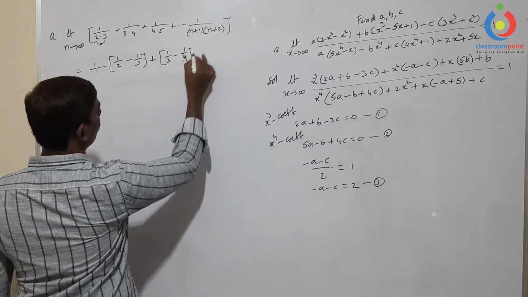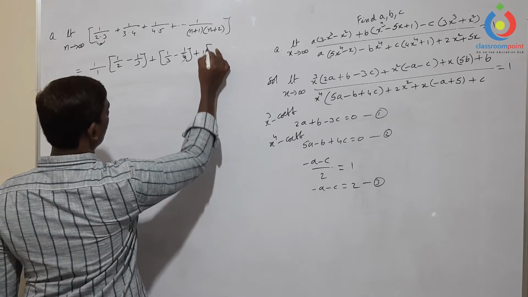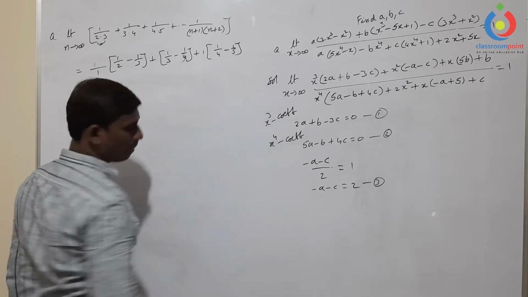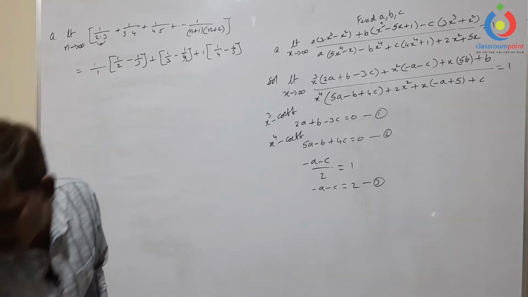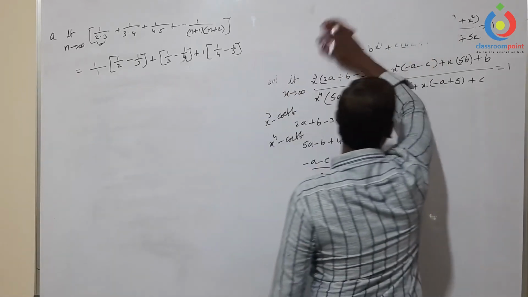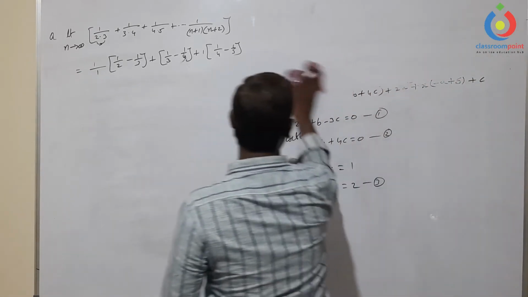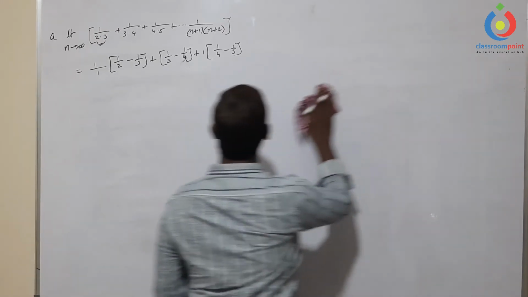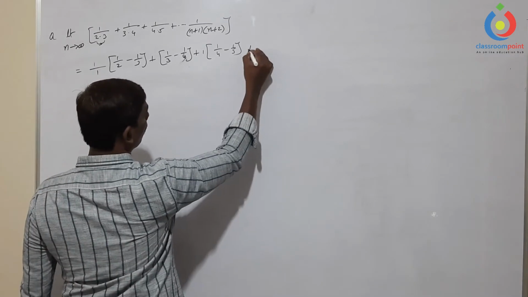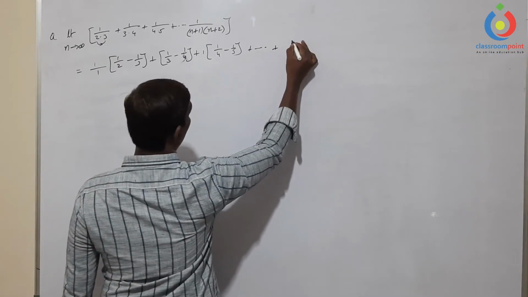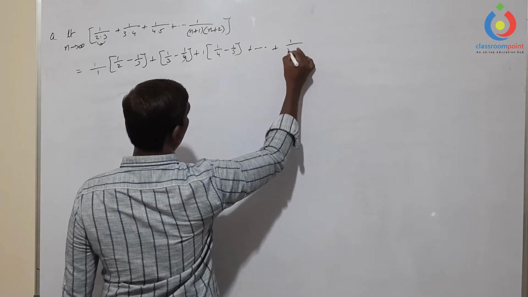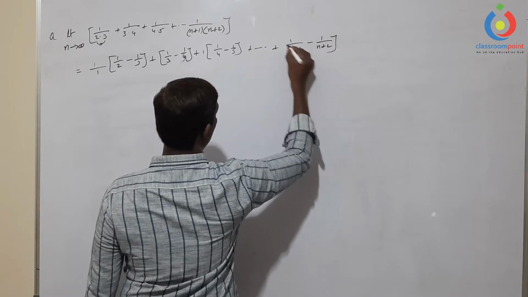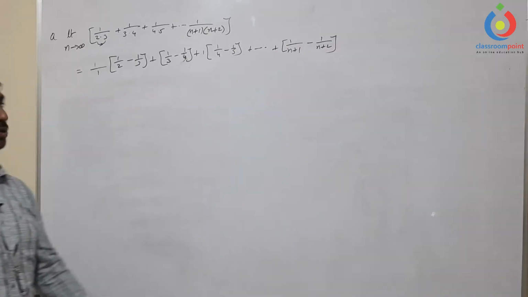Next, plus 1 by 4 minus 1 by 5, and so on. Plus the last value is 1 by n plus 1 minus 1 by n plus 2.